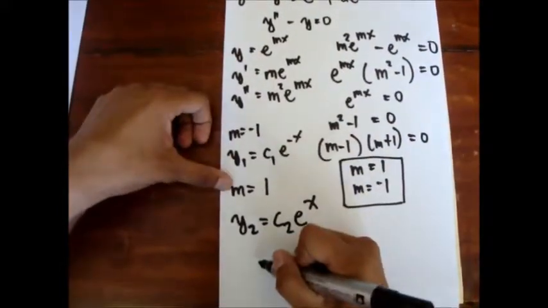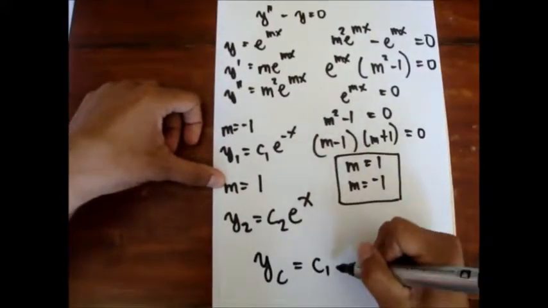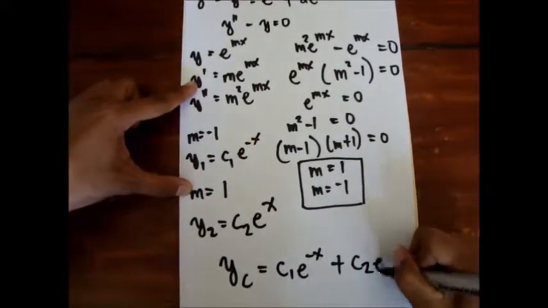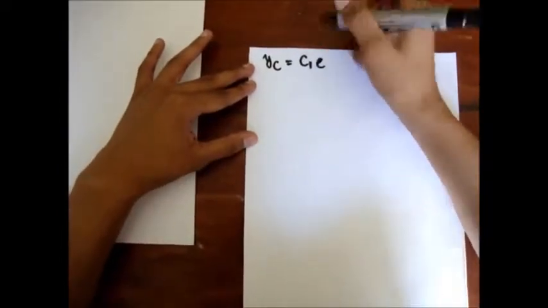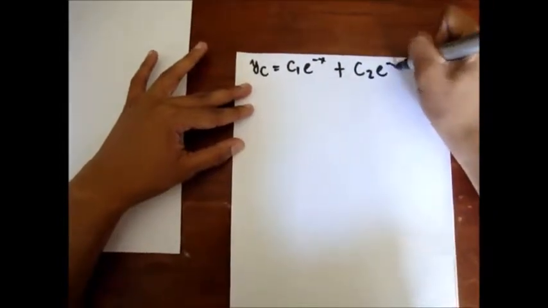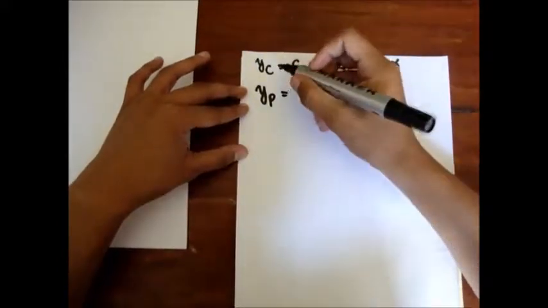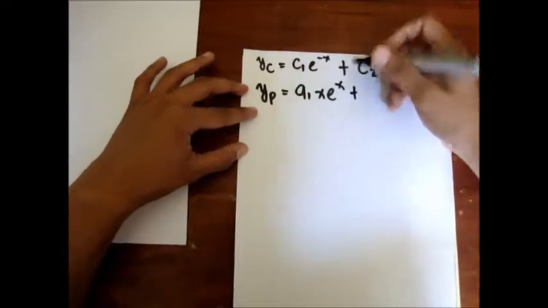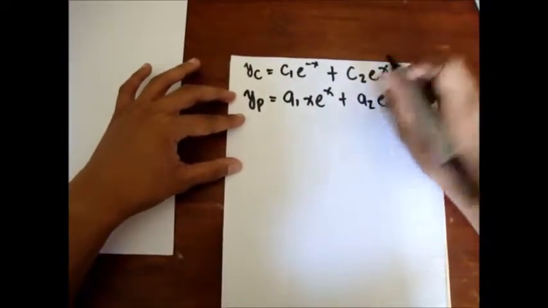So our complementary solution yc equals c1 e^negative x plus c2 e raised to x. So assume that our particular solution is a1 x e raised to x plus a2 e raised to 2x.